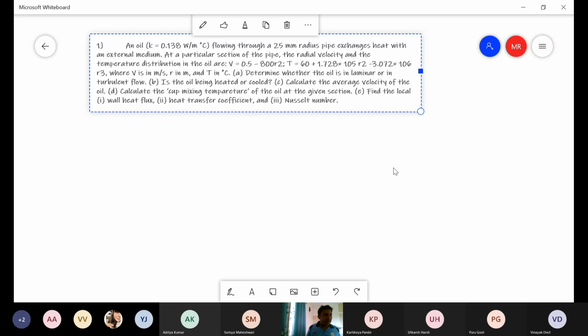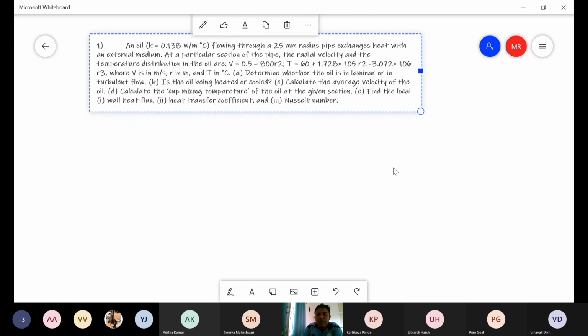So what is been given in the problem 1 of tutorial 5 is I'll just go through the statement. An oil with a thermal conductivity of 0.138 watt per meter degree Celsius flowing through a 25 radius pipe exchanges heat with an external medium.